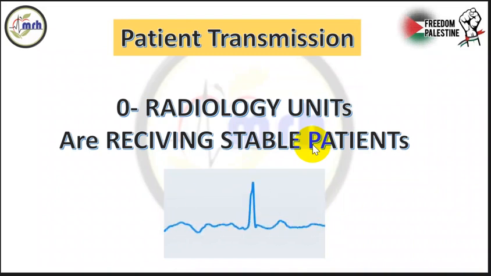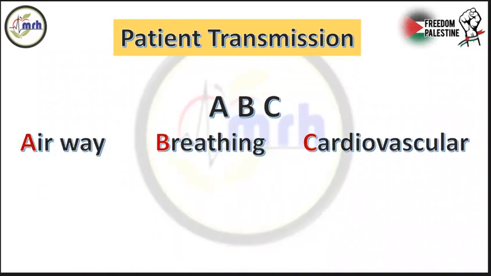For example, two patients in the same accident, the stable one will go to do CT and ultrasound, but the unstable one may enter the operative theater directly without doing radiological examination. So the first step to transmit a patient to a radiological unit is that the patient must be stable. Stable according to what? Stable according to airway, preserved airway of course, breathing, is he breathing well, and cardiovascular system, the pulse and blood pressure.